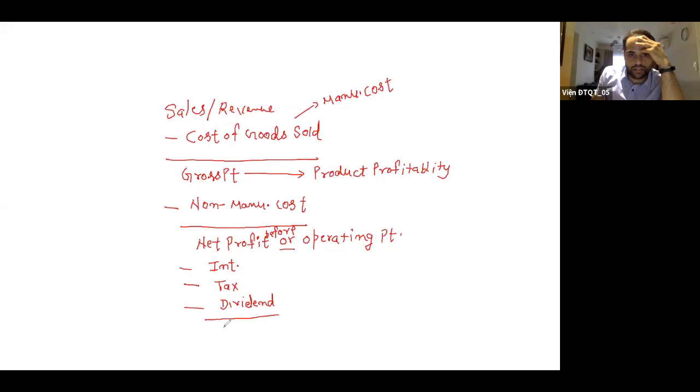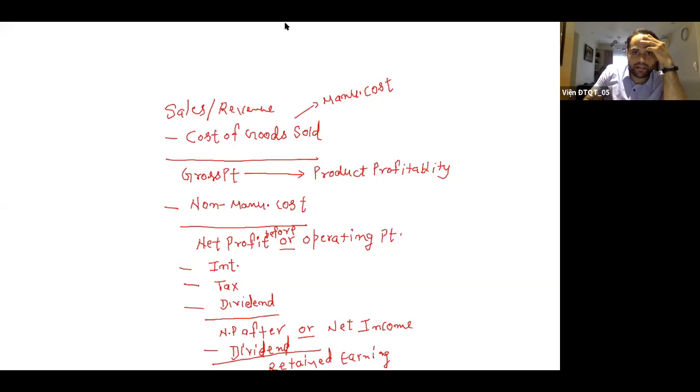Then we got net profit after, or we call it net income. In this one, we're gonna minus dividend again. And then we got here retained earning. That's the retained earning, right?